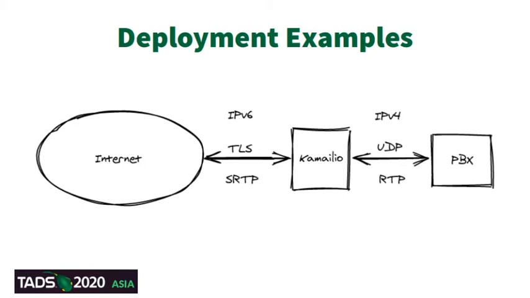Remember that SRTP and TLS require a lot more processor power and connectivity because of the handshakes involved and things like that. So you can end up keeping your PBX just UDP and just RTP, getting more performance out of that, and having Kamailio act as a bridge between the endpoints, thus allowing you to be secure yet still highly performant.